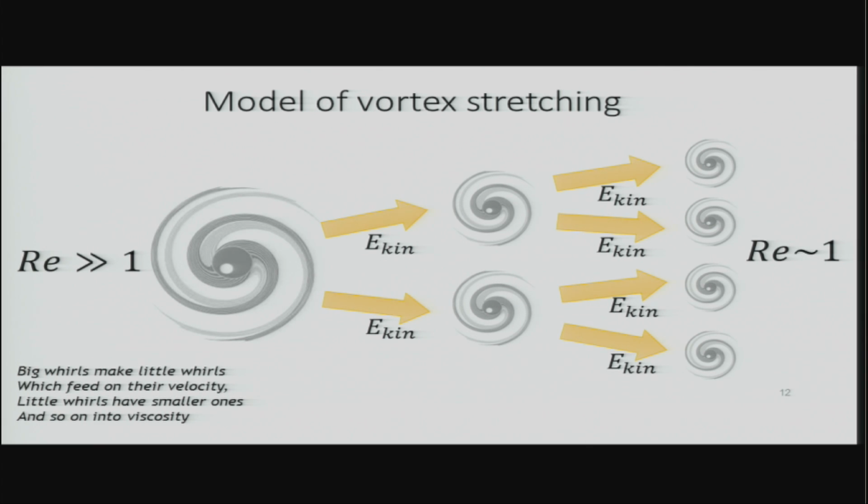What is it? We have one big vortex, which divides into smaller vortices because it's unstable. The process continues until the Reynolds numbers are small enough to let the viscosity destroy the vortices.